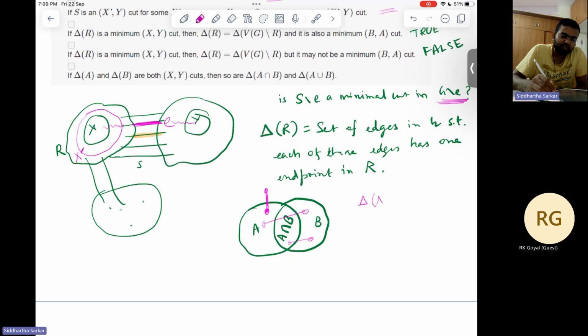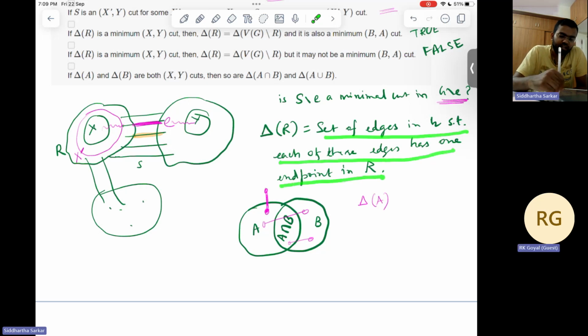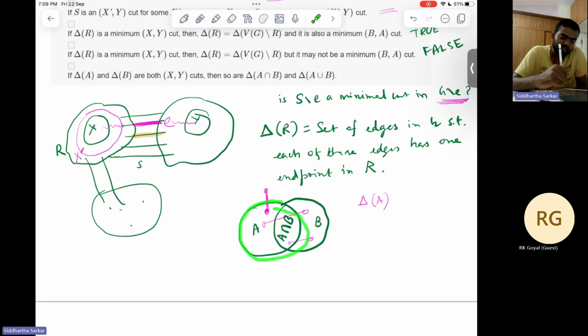Delta A is nothing but the set of edges in the graph such that each of these edges has one endpoint in A, and the other endpoint is outside of A. One endpoint in A, the other endpoint in B minus A, and that's all. Is there any other possibility? I'm just saying that there are three different types of cut edges out of A, right?